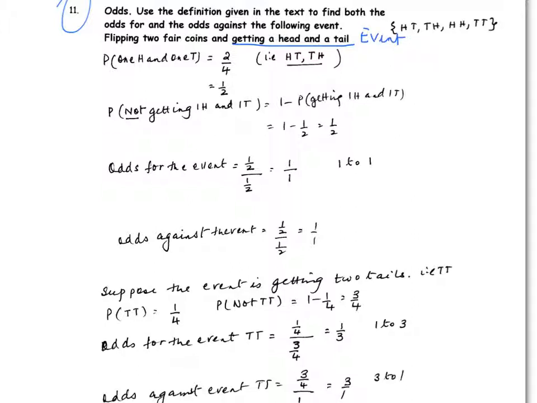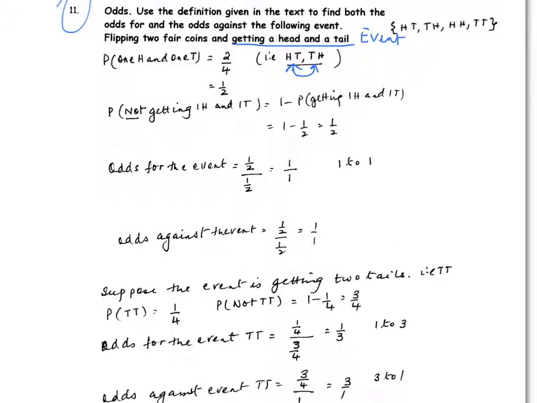What is the probability of getting one head and one tail if we flip two coins? One head and one tail doesn't specify the order in which the head and tail appear, so we have to consider both orders. HT and TH would both come under getting a head and a tail.